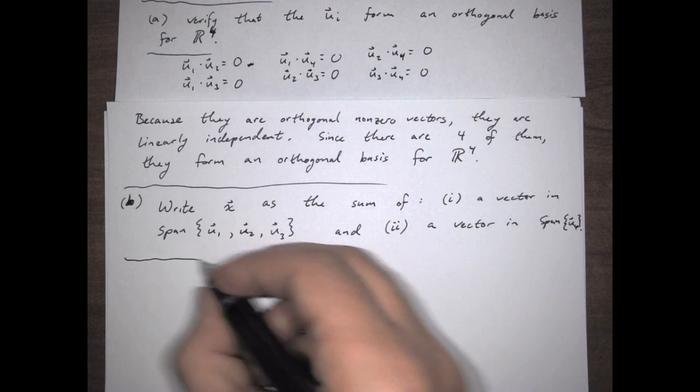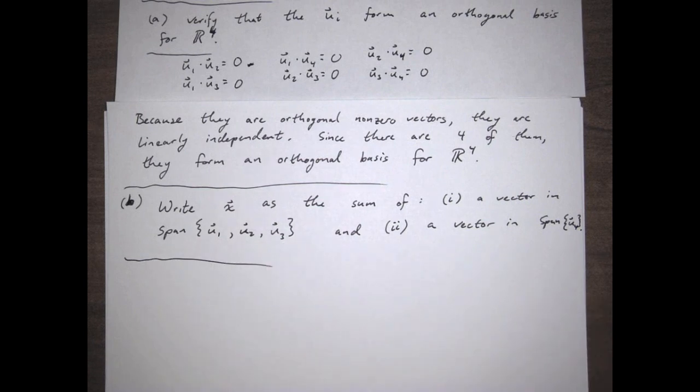So this actually is another twist on the version of the orthogonal decomposition theorem that we saw above. If we have an orthogonal basis for all of Rn, then what we have here are 2 mutually orthogonal subspaces. So we have the span of the first 3 and then the span of the fourth. And those will be perpendicular to each other.